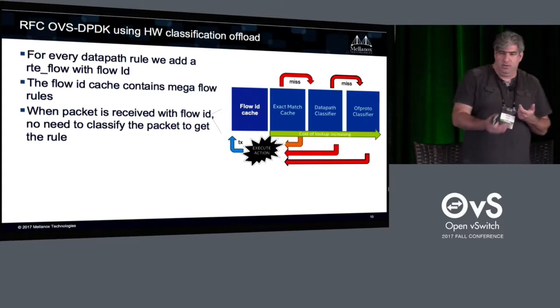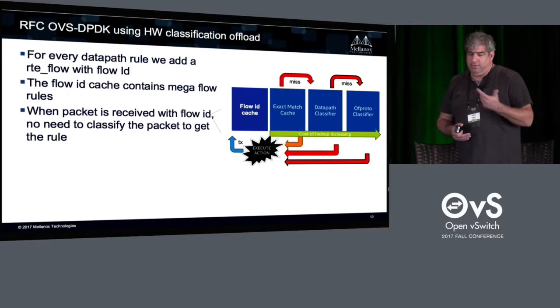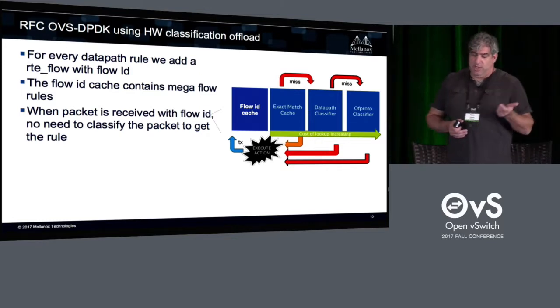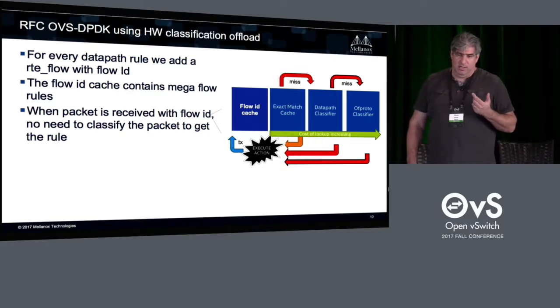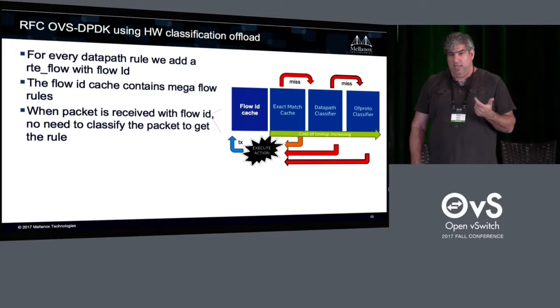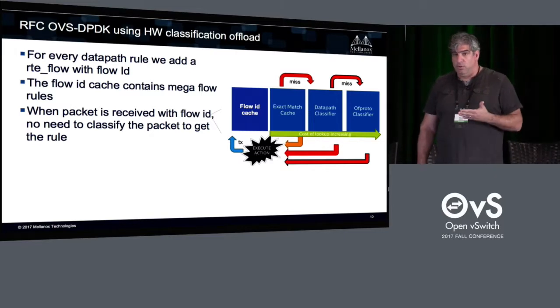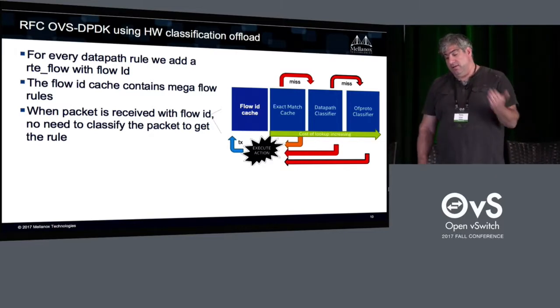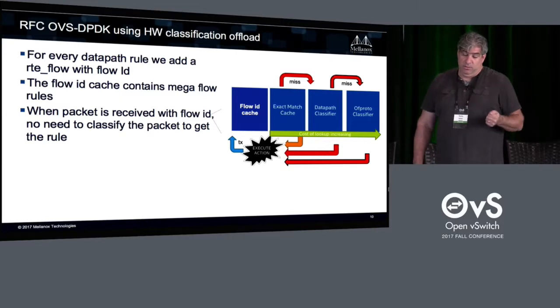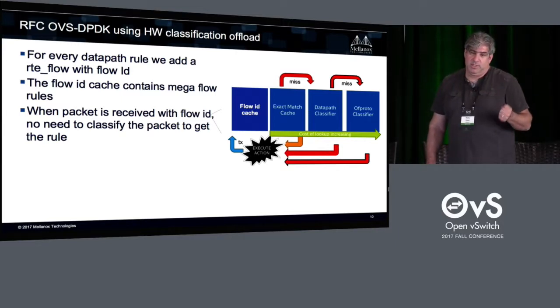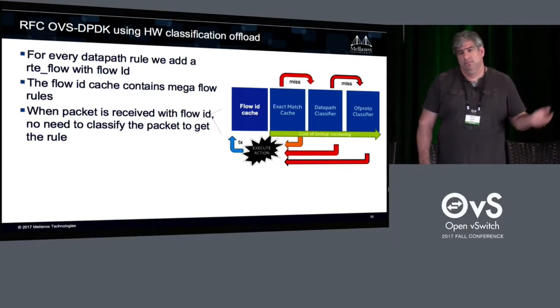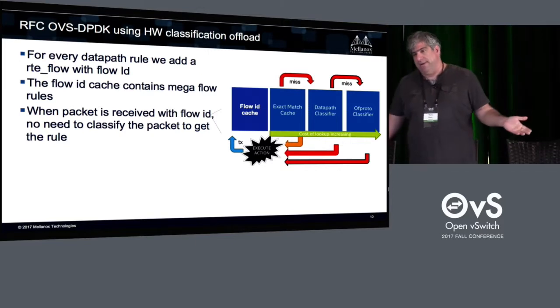It helps with the cache misses and everything, because you don't touch the data buffer. You know the classification of this packet. As I said, it's a megaflow rule. You go directly to the table of the megaflow rules, you know what action needs to be done, you do it, and you're done.